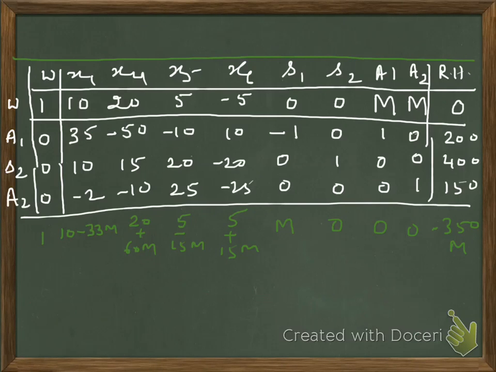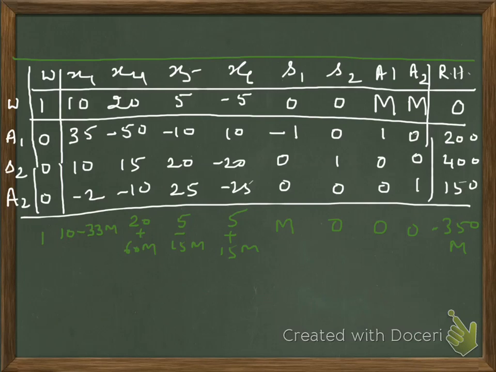You can see in the objective function line the coefficients of the three basic variables, that is, the coefficient of a1 is 0, the coefficient of a2 is 0, the coefficient of s2 is also 0, and right hand side values for the constants are all positive. So this is a feasible table. So this is the initial basic feasible solution table.